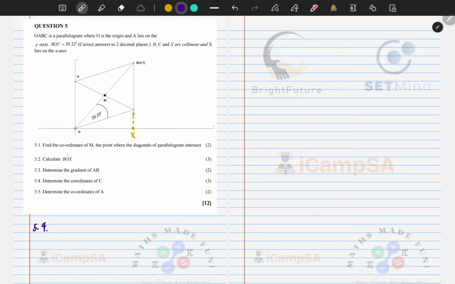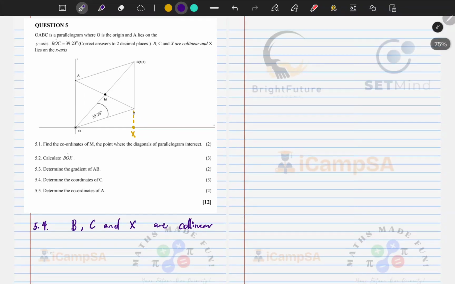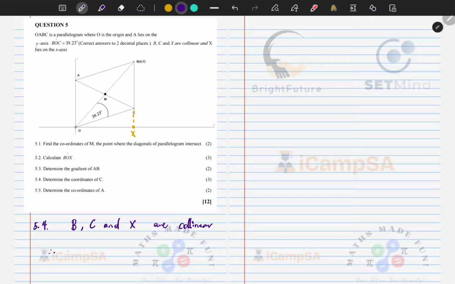Because remember we were told that B, C, and X are collinear, meaning that they will have the same X value.